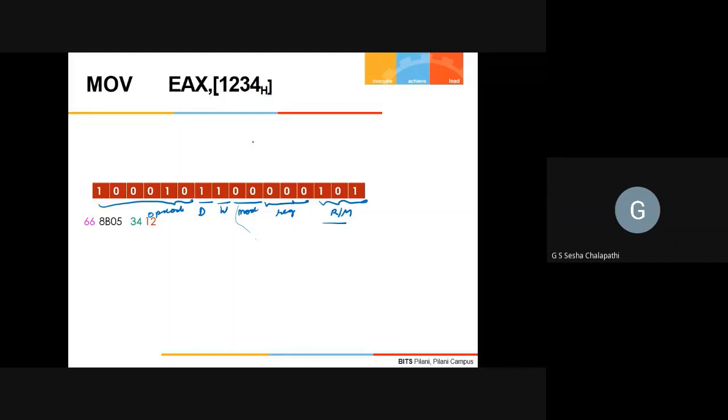The data that will be moved will be 32-bit data into EAX. How do I know it is 32-bit data? Because EAX is a 32-bit register.